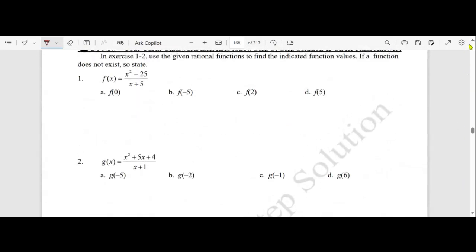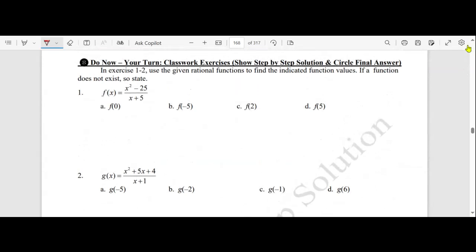Now it's your turn. I will do the hard one and I'll let you do the easy one, okay? He said, use the given rational function to find the indicated function value. If the function doesn't exist, tick. He's giving you a function and he said replace x by 0.